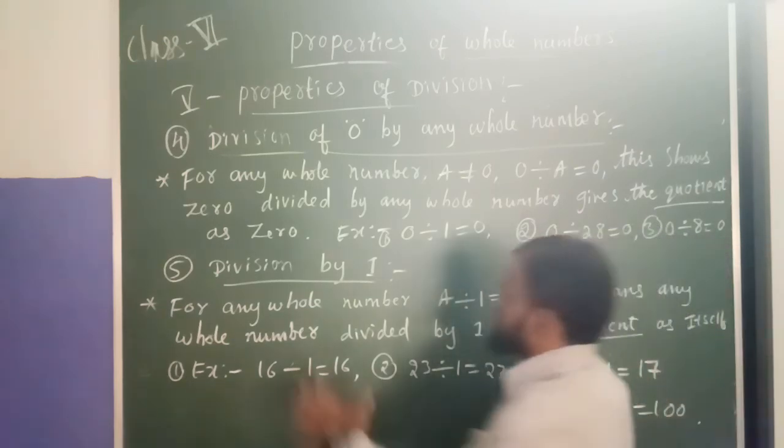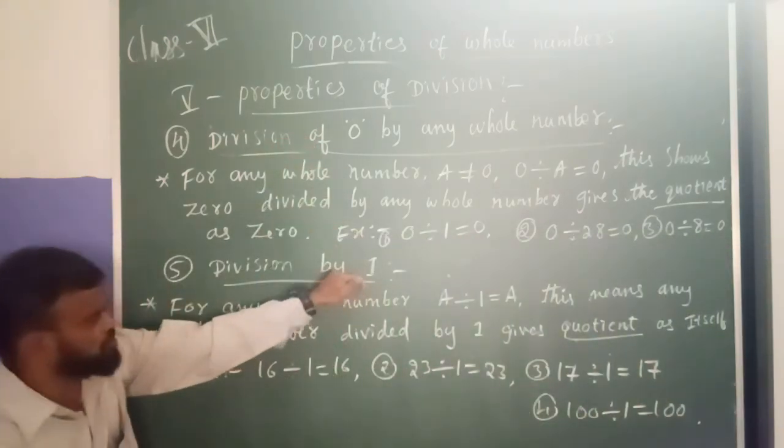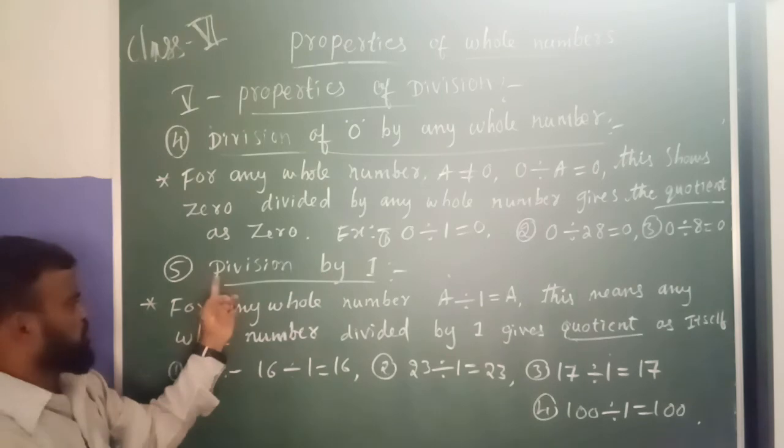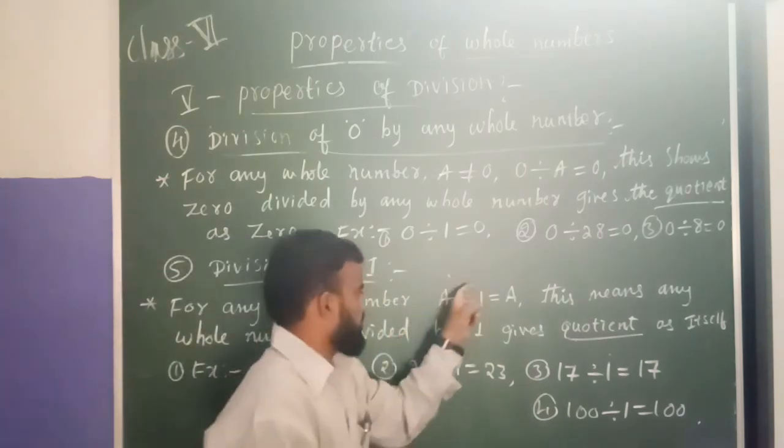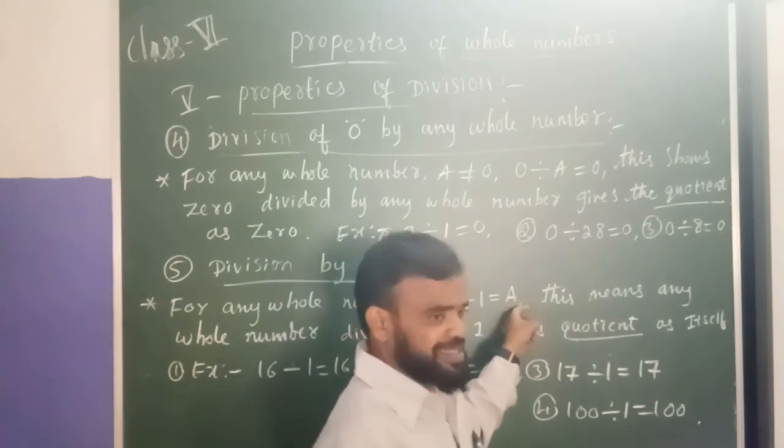And similarly, the fifth one, division by 1. For any whole number a, a divided by 1 is equal to itself only.